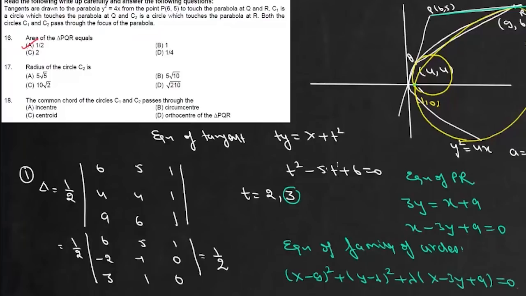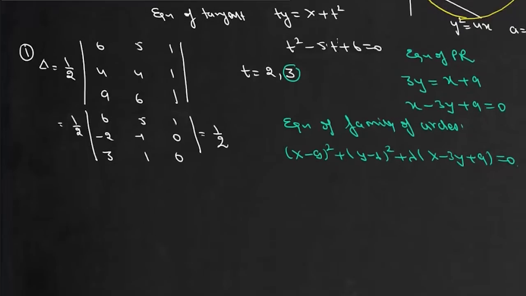Now this circle passes through the focus, so it will pass through 1, 0. We'll put x as 1 and y as 0. If we put x as 1, we'll get minus 8 square, 64, and y is 0, so it will be 6 square, 36, plus lambda (1 plus 9) equals 0. Now this is 110, so the value of lambda is minus 10.